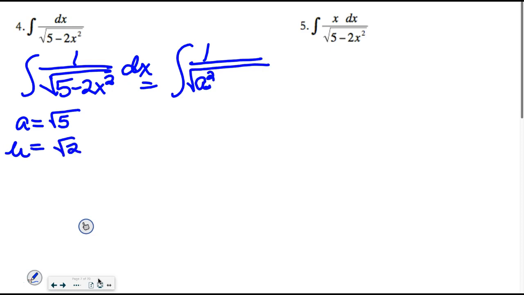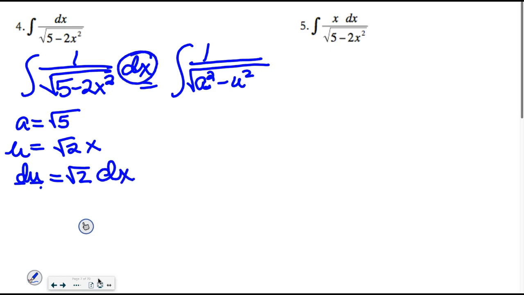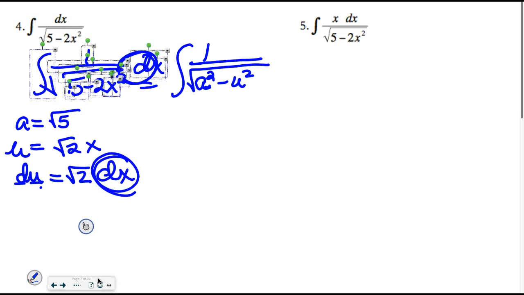It's square root of 2 times x that's being squared. So that's minus u squared. Be careful with this. My du dx is root 2, sorry. So my du is root 2 dx. When I generate this dx right here, I meant to use a highlighter.